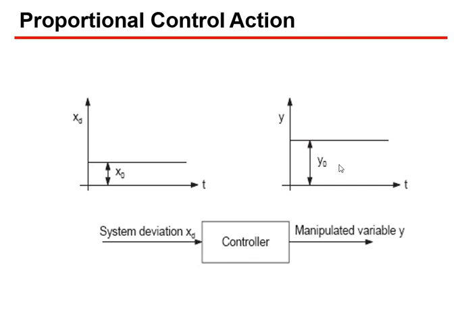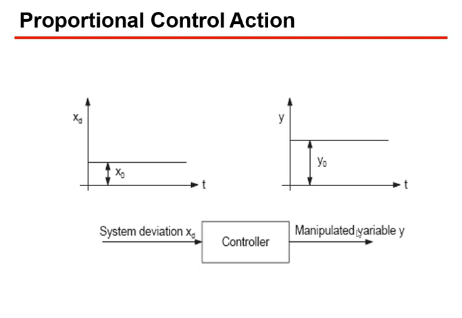So y0 is directly proportional to x0. Whatever system deviation xd you apply here will be multiplied by the controller's gain, and that is what you get over here, which in this case is y.